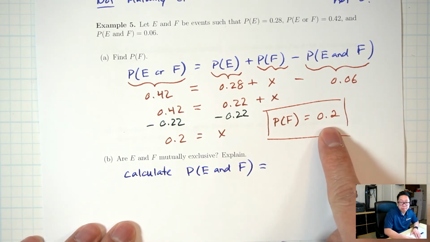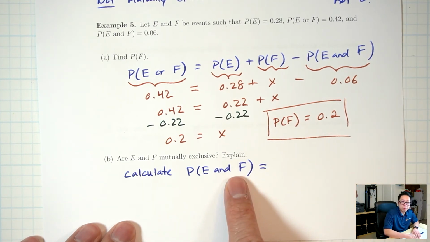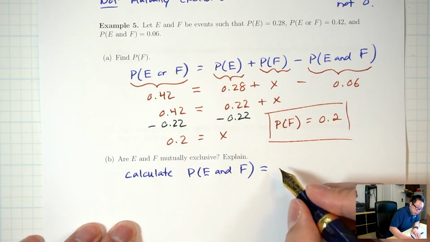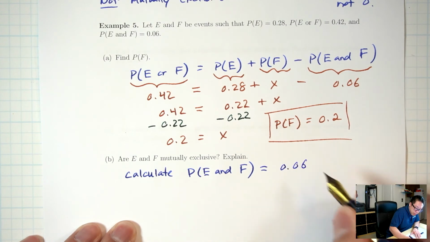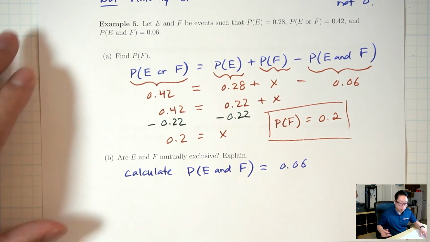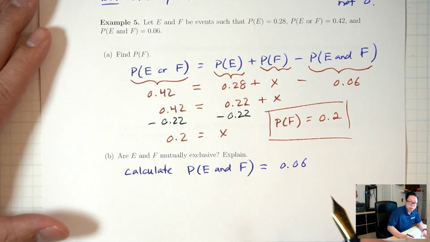Is it 0.2? No, right? 0.2 is P of F. What is P of E and F? It's actually in the original problem. It's right there, right? It's actually 0.06. And then the conclusion. Is it mutually exclusive or not? Is that 0 or not? Is basically what it's asking. It's not 0, which means it's not mutually exclusive.